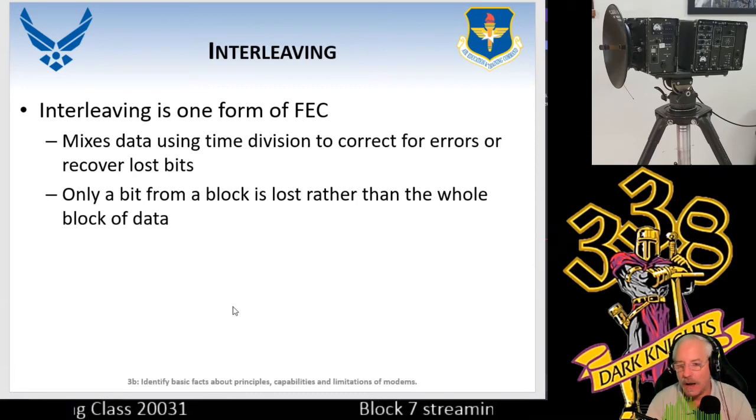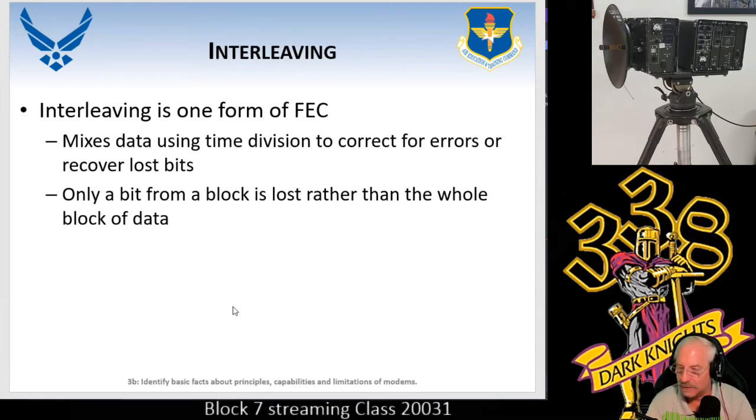There might be a couple pieces missing, but when it gets put back together, instead of losing the whole 8-bit word, you might have 1 or 2 bits missing that you can figure out using the forward error correction.